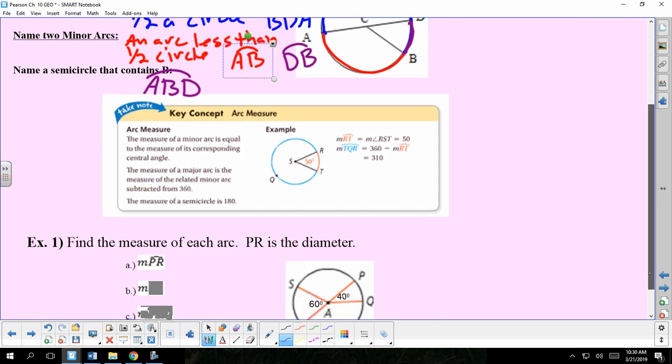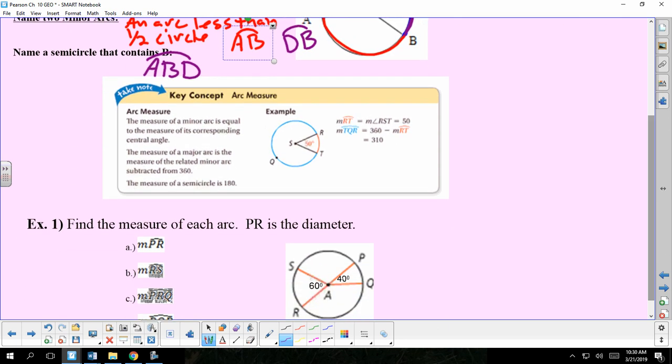Moving forward, we can find the measures of arcs. All the way around the circle measures 360 degrees, and all of our central angles summed together equal 360 degrees. So the measure of a minor arc is equal to the measure of its corresponding central angle.